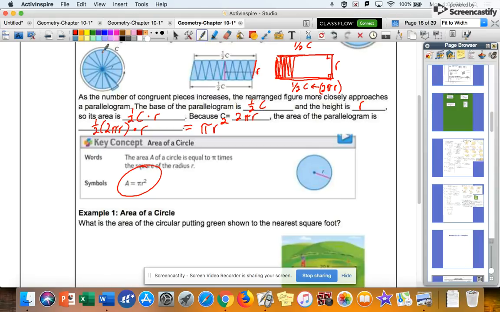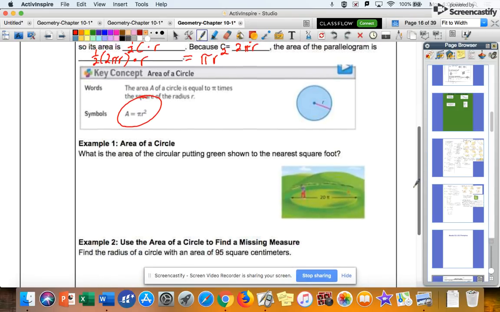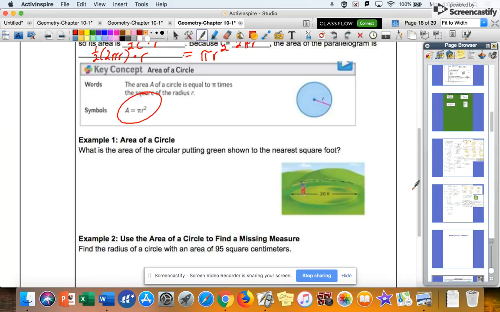And the more slices that you can have, the better, because then when you piece them together, it eventually resembles a rectangle. The limit becomes a rectangle. And so the 2 pi r times 1/2 times r is the base times height of your rectangle. So that's a little bit of a long explanation of where pi r squared comes from.